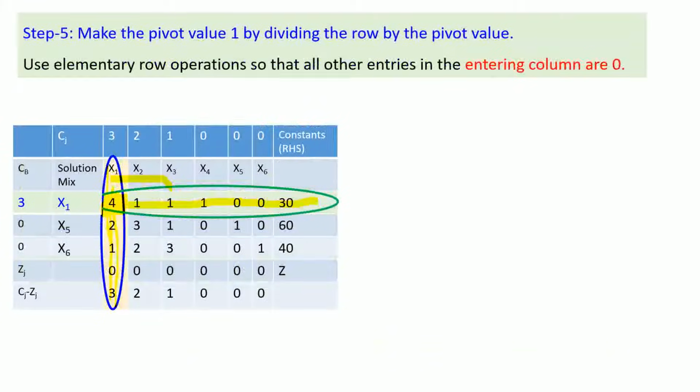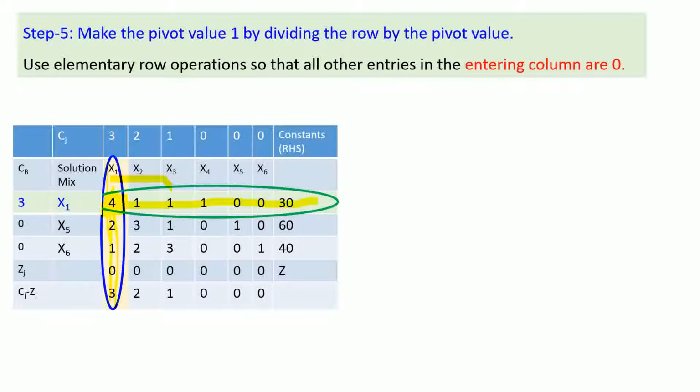The next step, step 5, is to make the pivot value 1 by dividing the row by the pivot value. When we divide this pivot row by 4, the pivot value will be 1. So we have to divide this pivot row by 4.